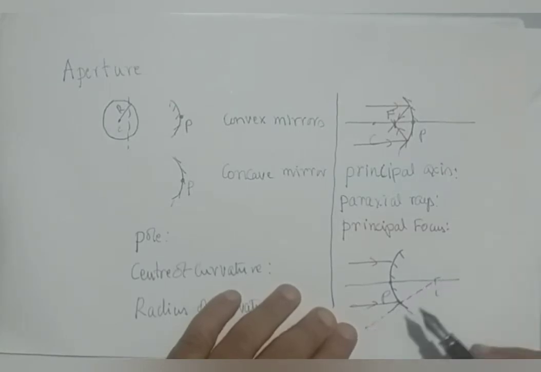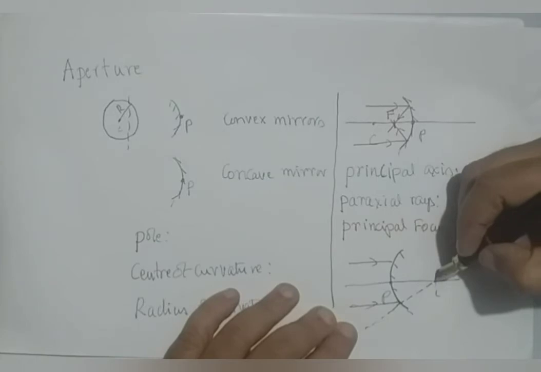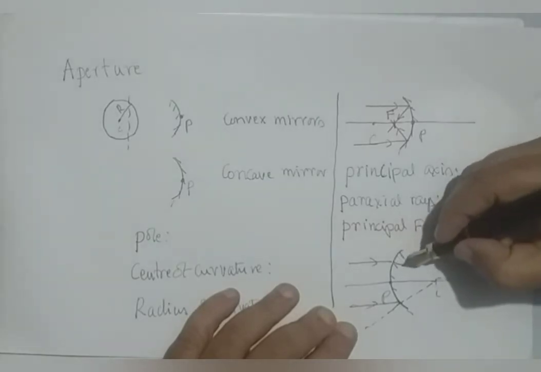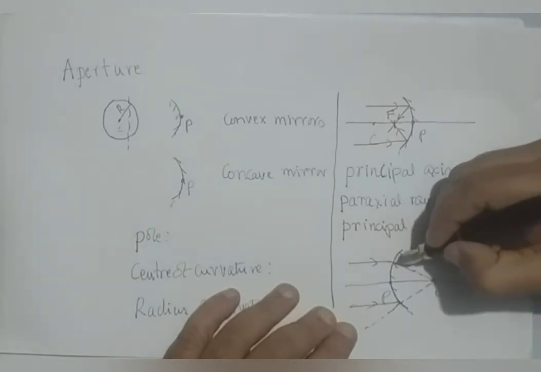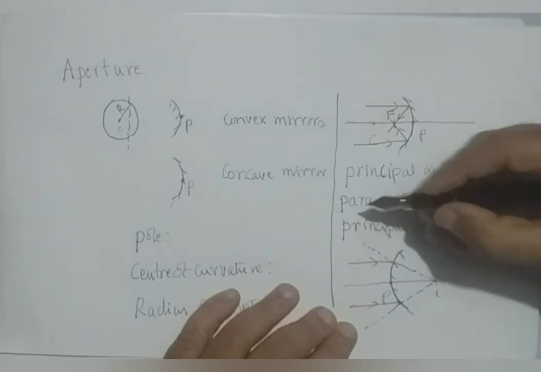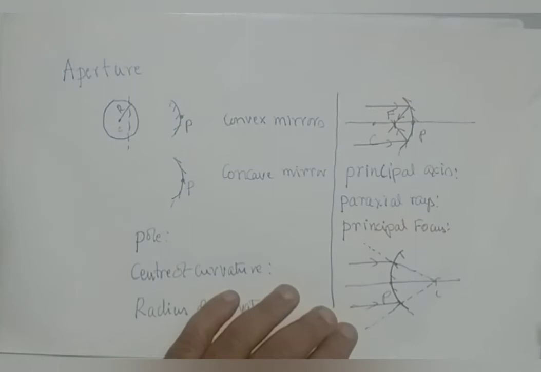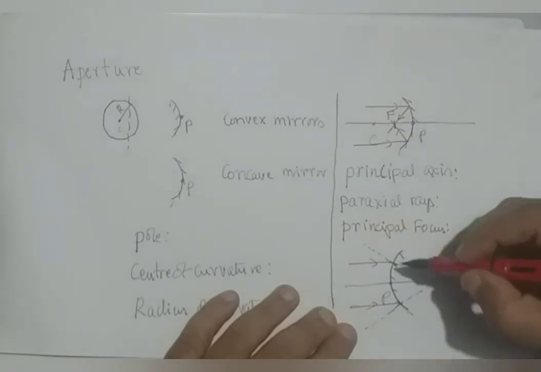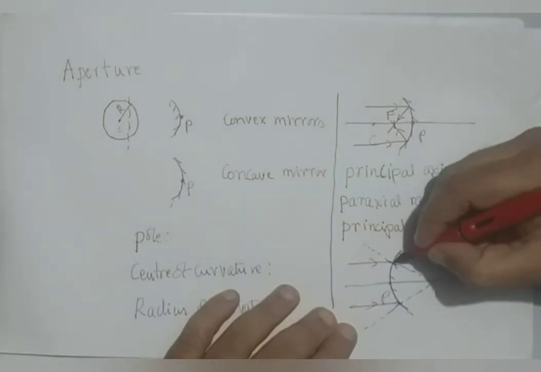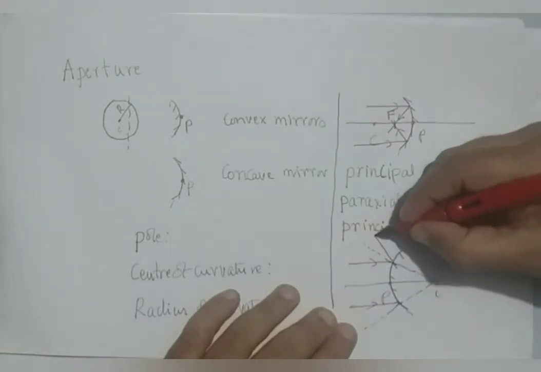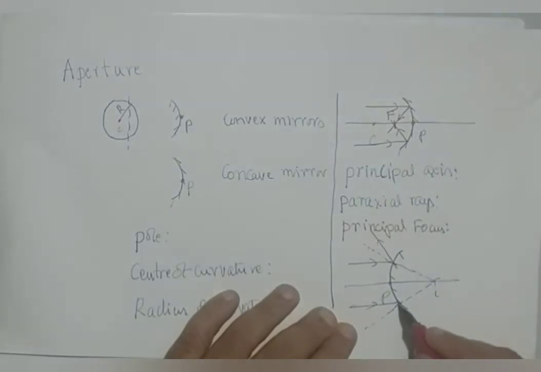This is the normal, and in the same manner on this side also, I can draw the normal. Now, according to the law of reflection, the incident beams get reflected with the same angle. That means they should get reflected like this.